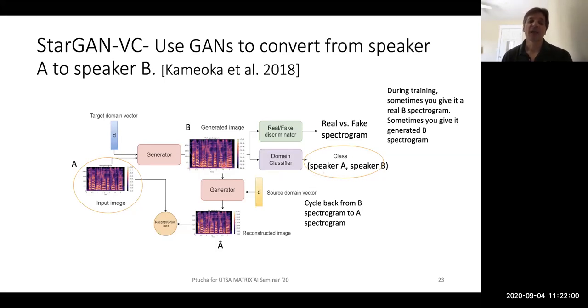Now, CycleGAN became famous. It came out a couple of years ago and said, we're going to put this loop back in there. We're going to put in a second generator, which goes from B back to A. Then we do the reconstruction, the difference between these, and try to minimize that reconstruction error.